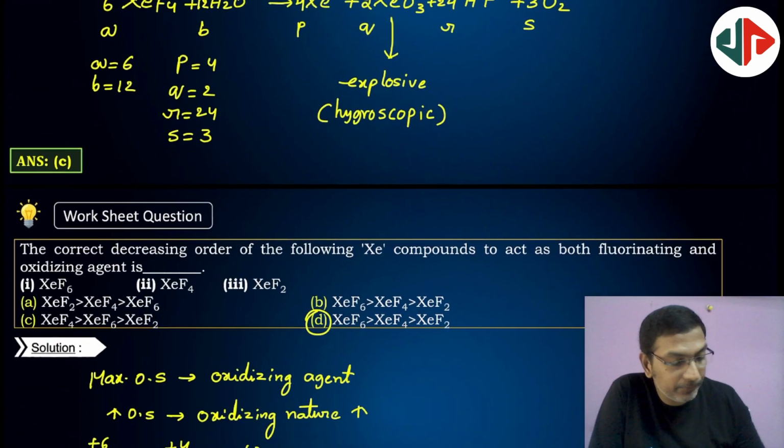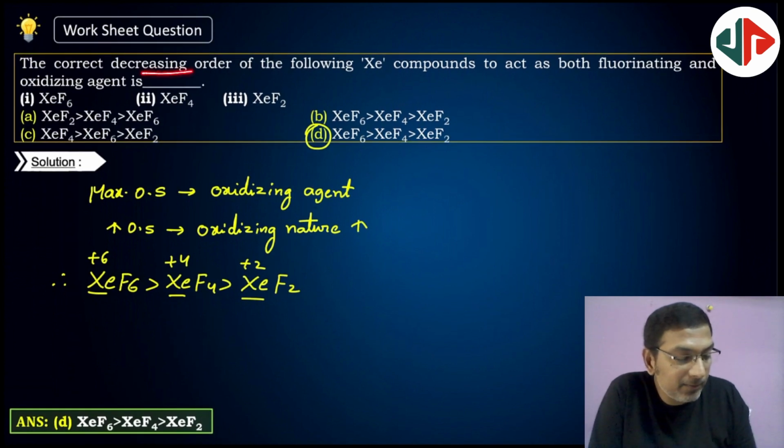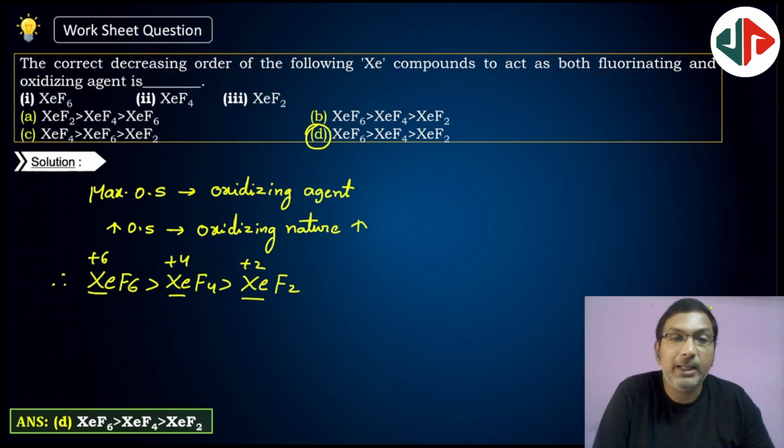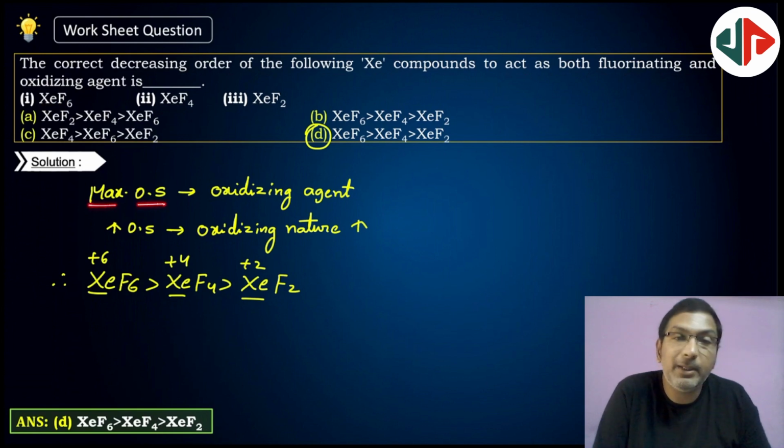Next. The correct decreasing order of the following xenon compounds to act as both fluorinating and oxidizing agents is. So XeF6, XeF4, XeF2. So here the maximum oxidation state of any element can represent its oxidizing nature. That means as the oxidation state increases, oxidizing nature also increases.